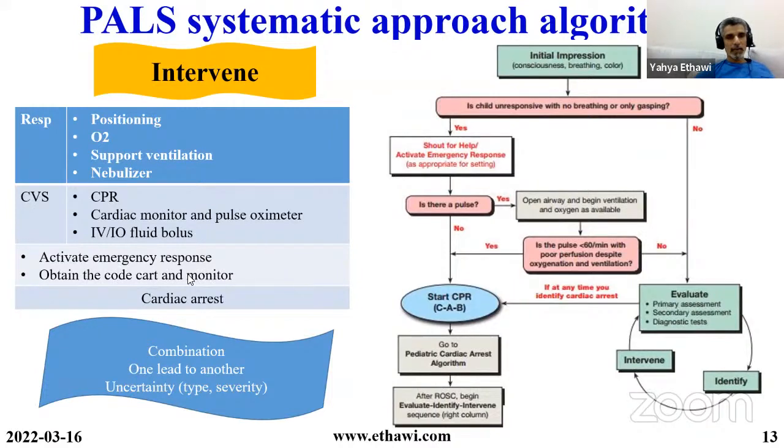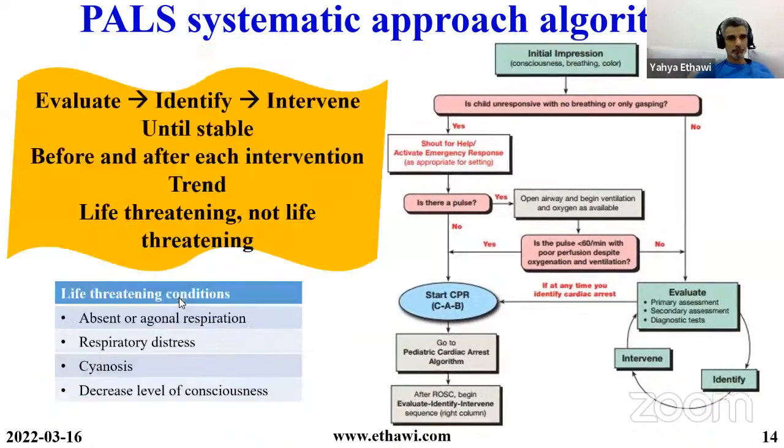And you should also have monitors that you can move so you can take care of the baby. Also part of your intervention is what you do for cardiac arrest, which is the CPR. So remember, it's evaluate, identify, intervene until we are stable. Evaluate, identify, intervene should be done before and after each intervention, or when the trend changes.